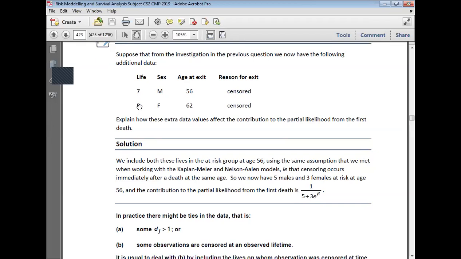If you're observing 8 people, there's 1 female added and 1 male added. So instead of 4, you have a 5 here, and instead of 2 e raised to beta, you have a 3 e raised to beta. That is the only thing that will change.